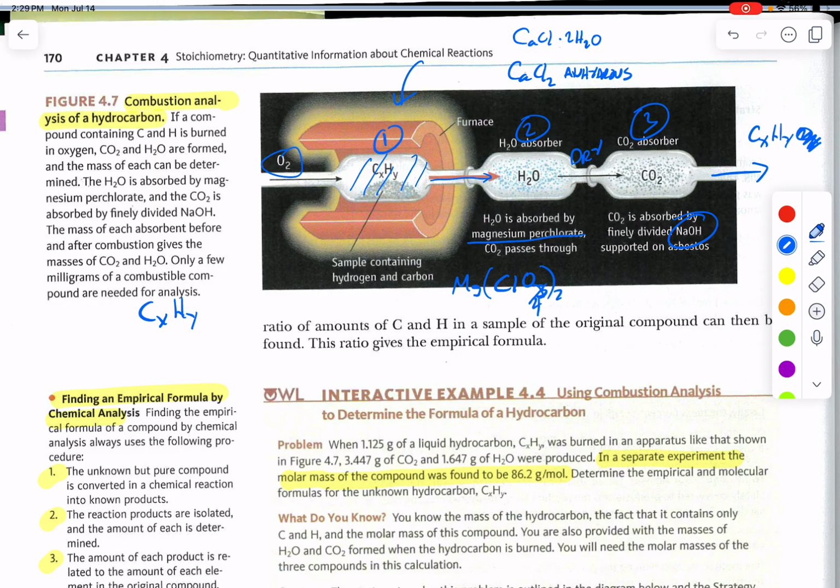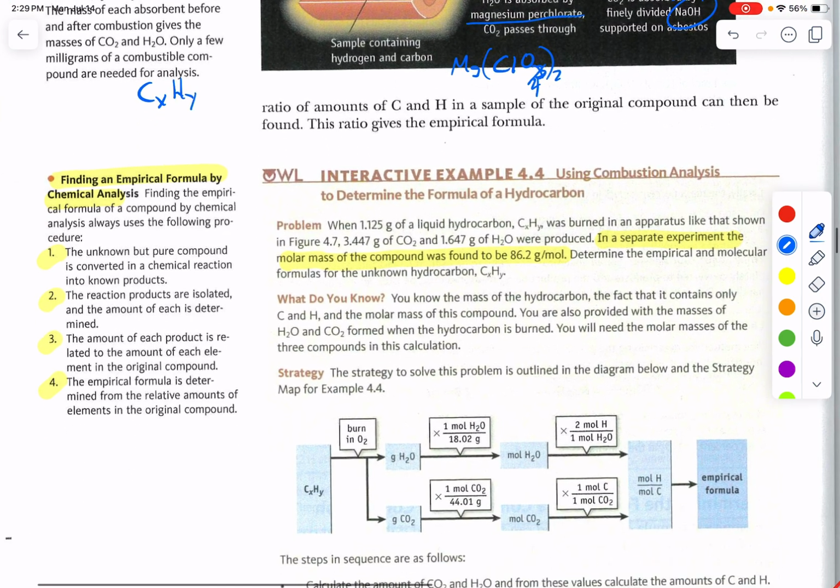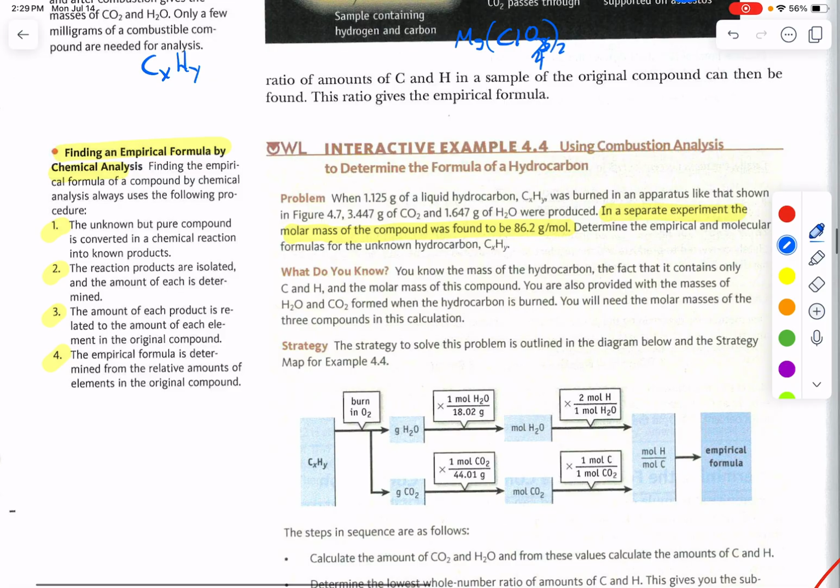So let's see how this plays out when we do an actual problem. Again, our steps are over here on the left. We have an unknown but pure compound. That's pretty important. We're assuming it's pure. The reaction products are isolated, which means we're removing the water and the CO2.